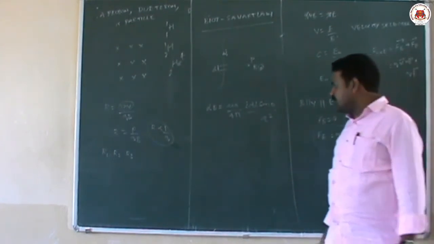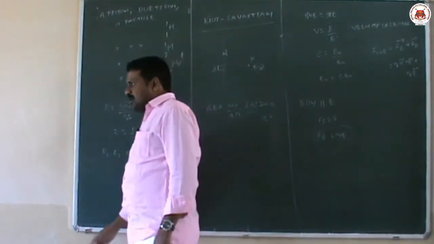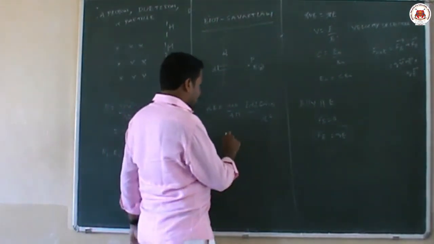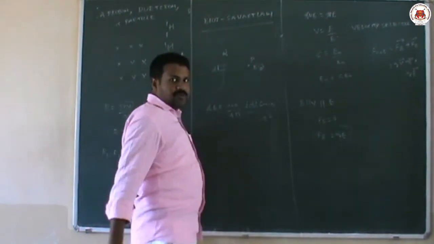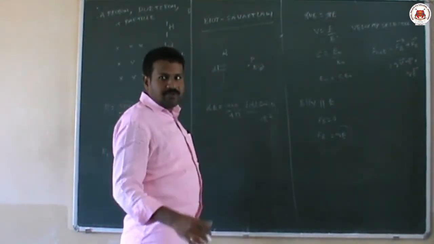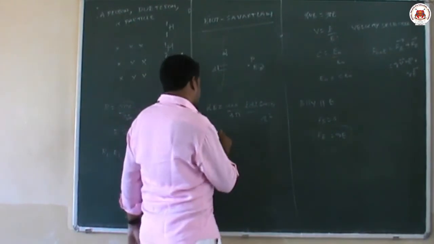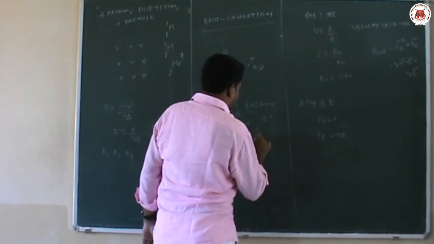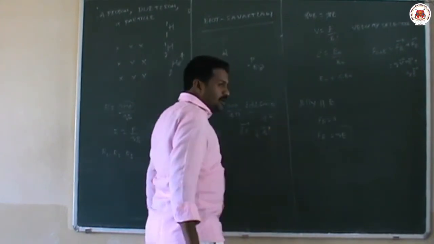Sin theta is the angle between dl bar and r bar. In vector form, this can be written as mu naught by 4 pi, I dl bar cross r bar by r cubed, where theta is the angle between dl bar and r bar.